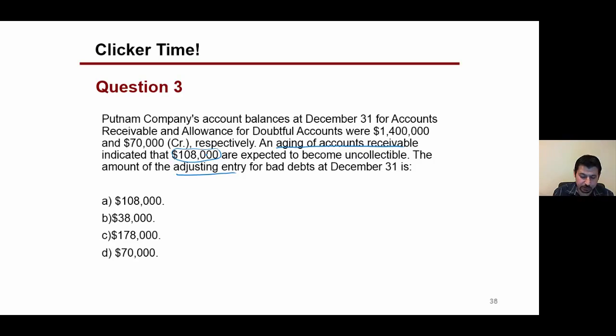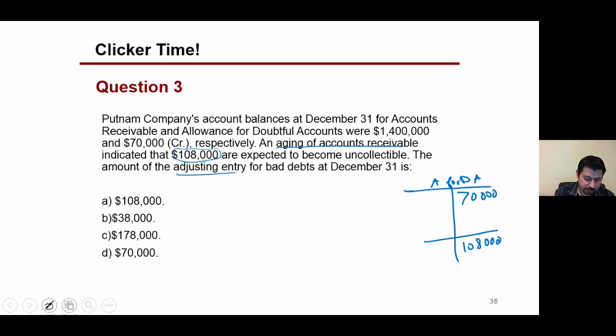So here they are asking for the adjusting entry for bad debts. As a result, once again, we look at allowance for doubtful accounts. Original balance was 70,000 credit. The aging schedule would give us 108,000 expected to be uncollectible.